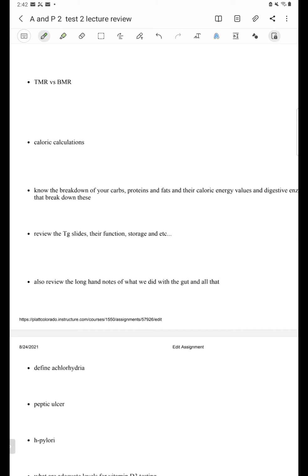Some people are sedentary, so their total metabolic rate would not be as much as a person who, let's say, trains for triathlons. That's a lot of energy they're expending. So you're dealing with two different TMRs. Your daily activities plus any exercise you do is going to create your TMR.